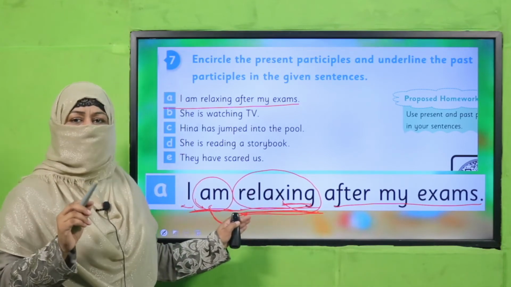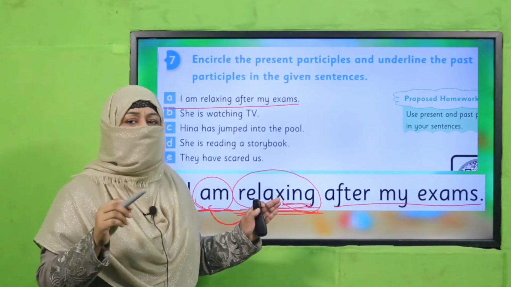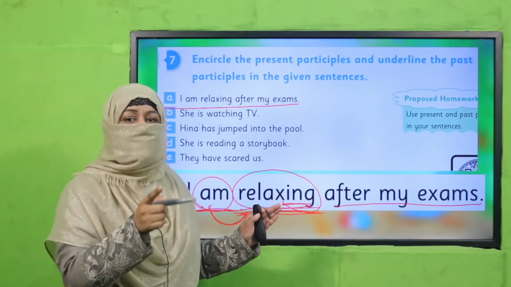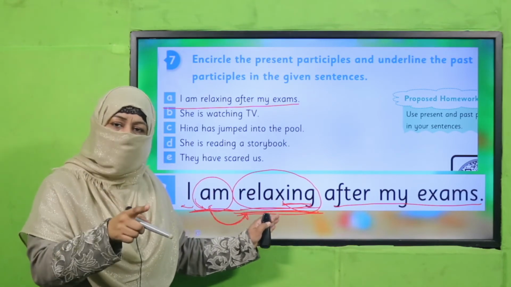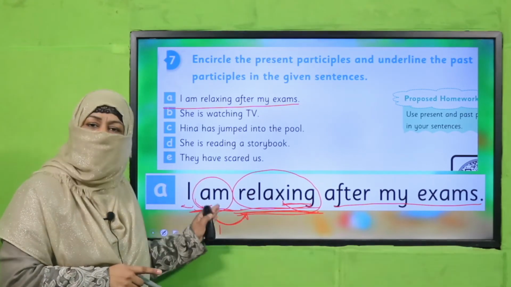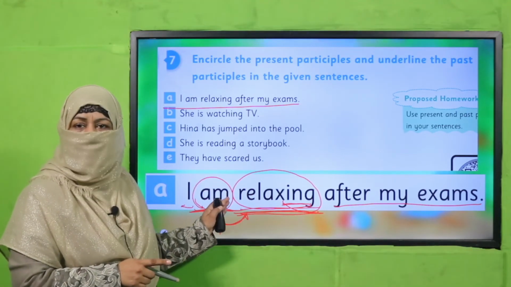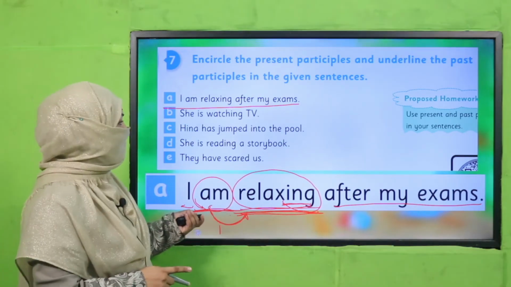So in simple way, we can say, whenever you are talking or writing about an action which is in progress, you will add ing to base form of verb and you will add a be form as helping verb. Is, am, are, was, were. Are you clear? Okay, let's learn it further.